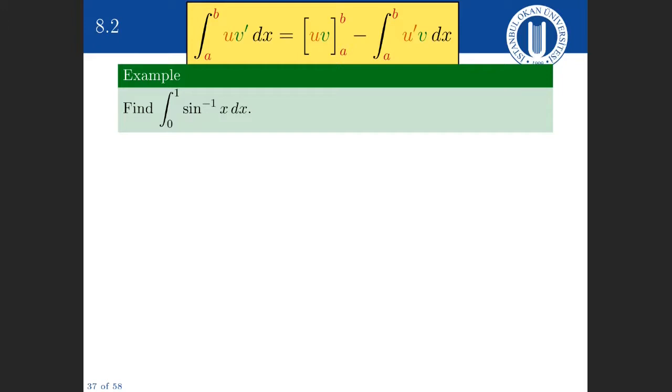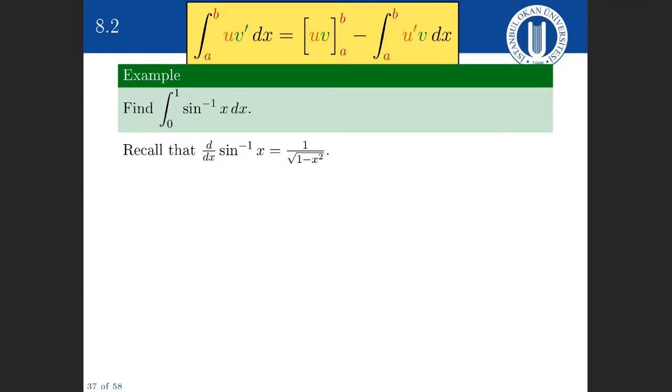Find the integral from 0 to 1, inverse sine of x dx. Now, integrating inverse sine of x is difficult, but we know how to differentiate it. Remember that the derivative of inverse sine of x is 1 over the square root of 1 minus x squared.